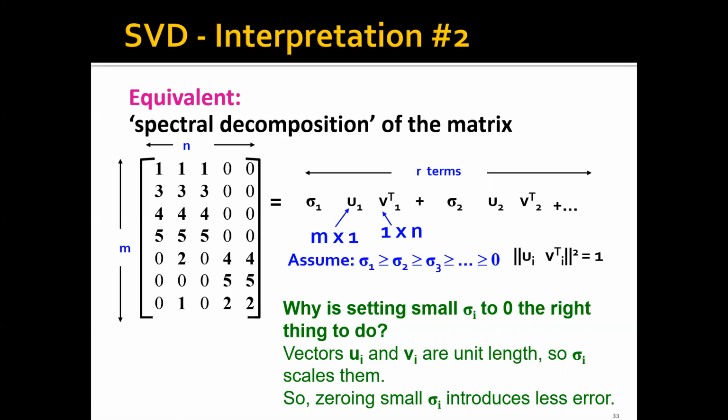This is because the vectors Ui and Vi are unit length, so sigma i is the only thing that scales them. The only thing that decides how large this term is is just the sigma here. So zeroing only the small sigma i introduces less error.